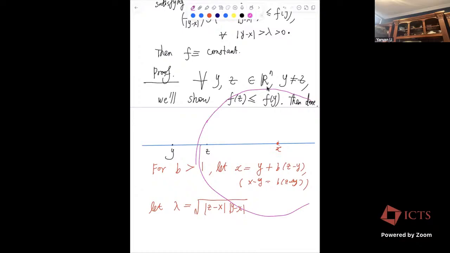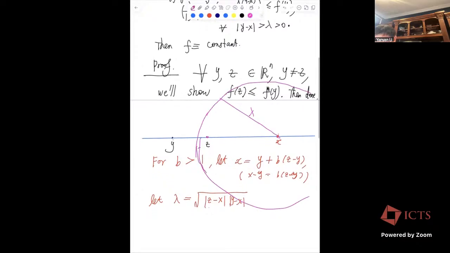So when this radius is lambda, you see |z minus x| times |x minus y| is equal to lambda squared. |y minus x| should be bigger than lambda.